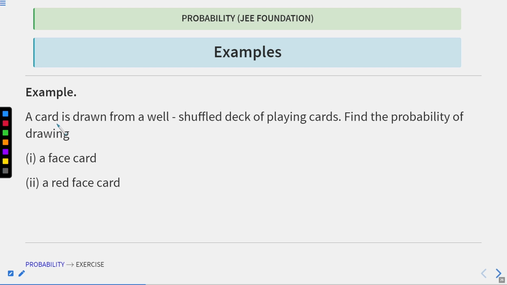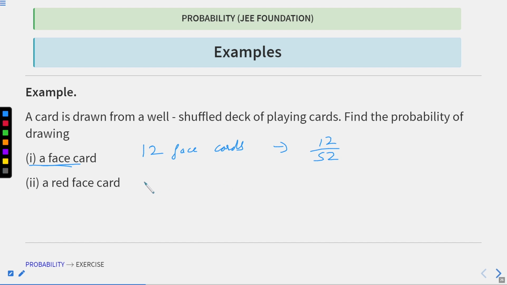A card is drawn from a well shuffled deck of playing cards. Find the probability of getting a face card. In total we have 12 face cards, so the probability will be 12 by 52.